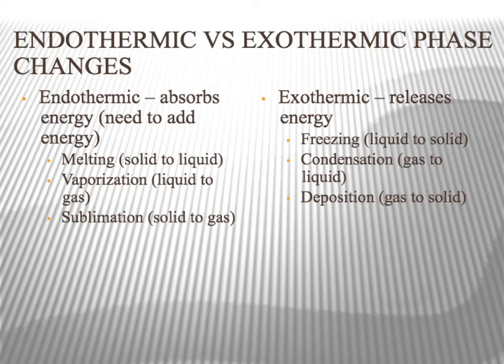One last thing that I do want to talk about is something that the body does for itself to help regulate the body temperature, and that is sweating. So when you exercise or you get hot, you need to remove energy from your body to keep it from getting overheated. And so what happens is you sweat, and then the sweat is a liquid.